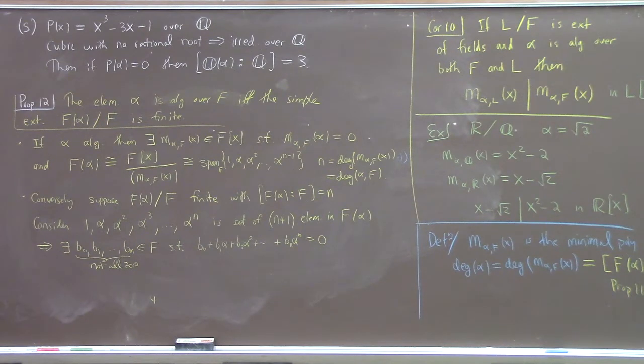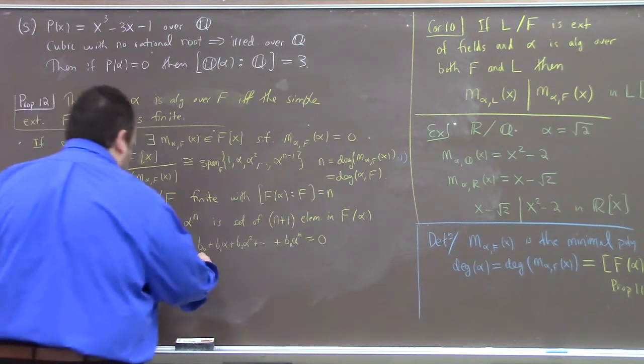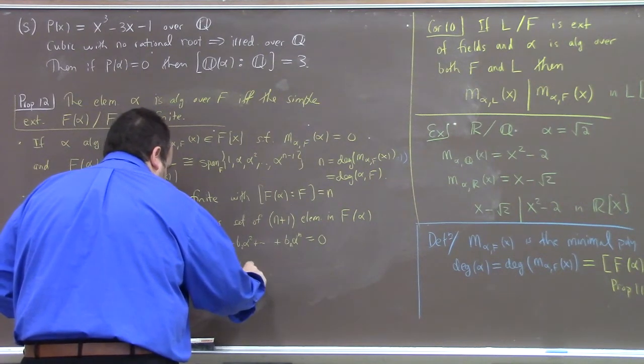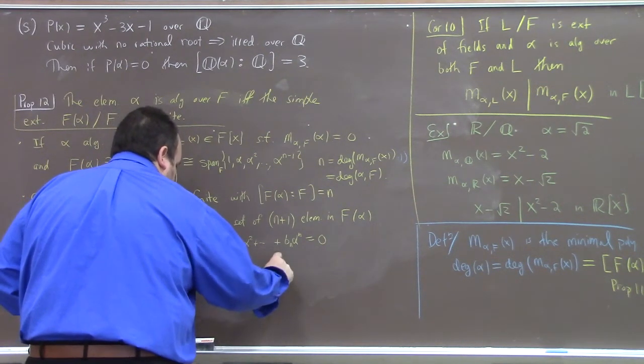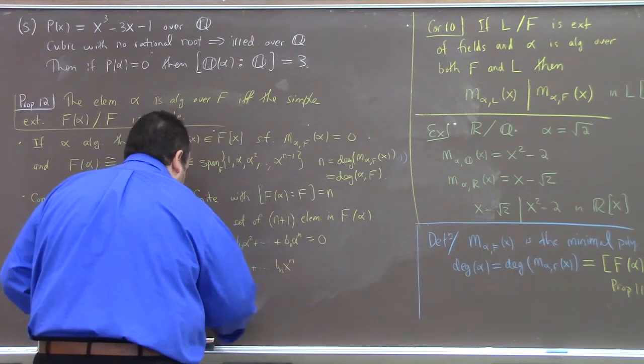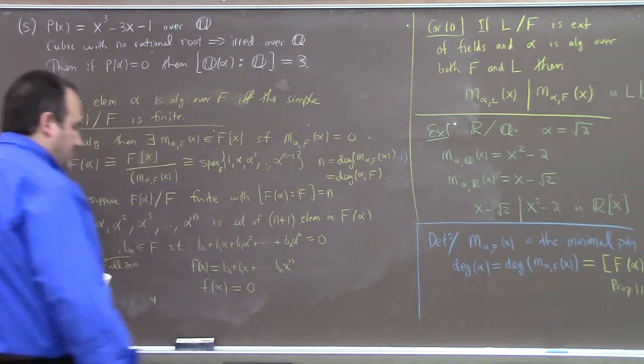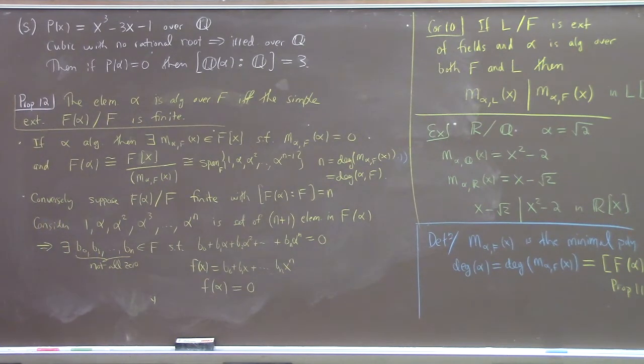So what does this show? This shows that if you look at f(x) equal to b0 plus b1 x, up to bn x to the n, this has f(alpha) equal to 0. Which shows what? That shows that alpha is algebraic over F because it's the zero of a polynomial with coefficients from F.